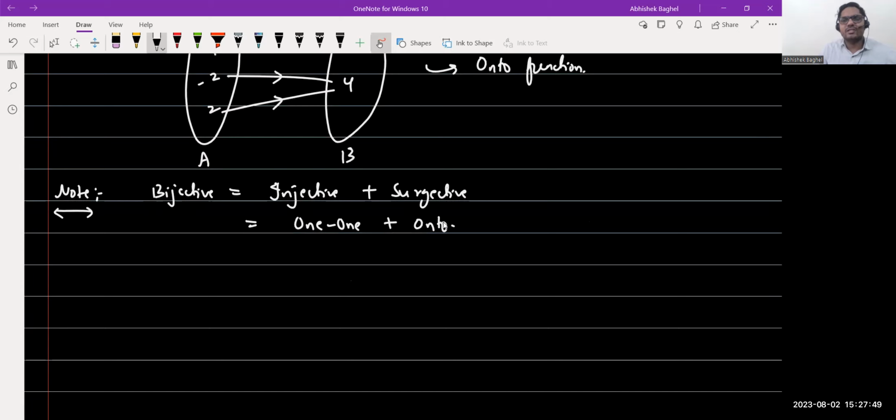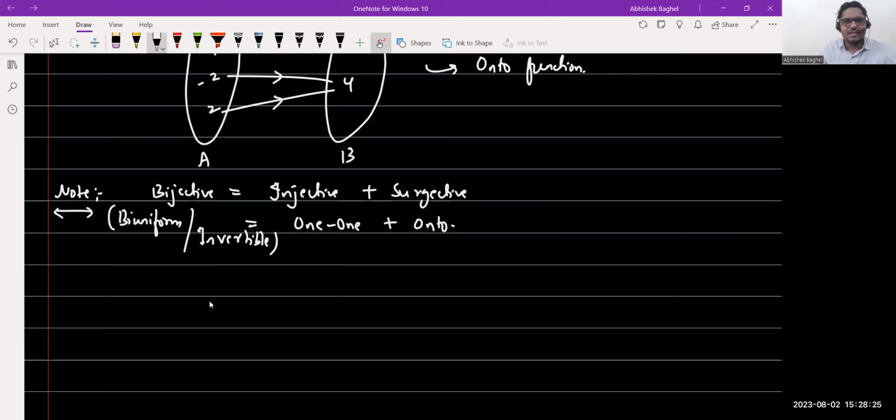So one-one onto functions are also called bijective functions, sometimes called biuniform functions, or invertible functions. If the function is both one-one and onto, it is called a bijective function. I hope the different types of functions are clear to everyone.